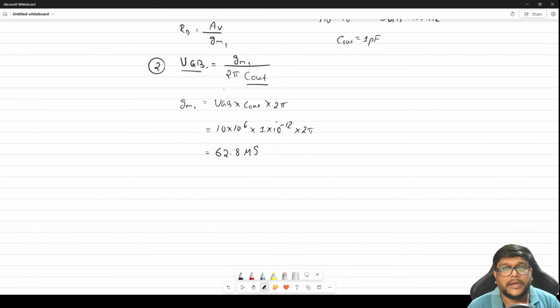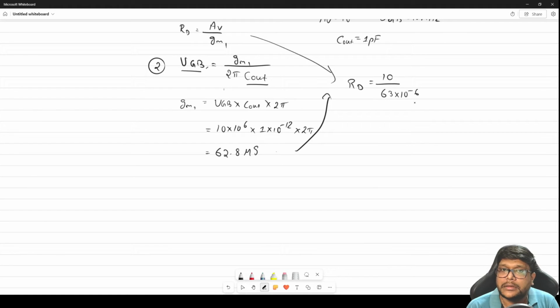So what will be the RD value? From here we can say RD is equal to, we need a gain of 10 and we need 63 into 10 to the power minus 6, so Av by gm1.